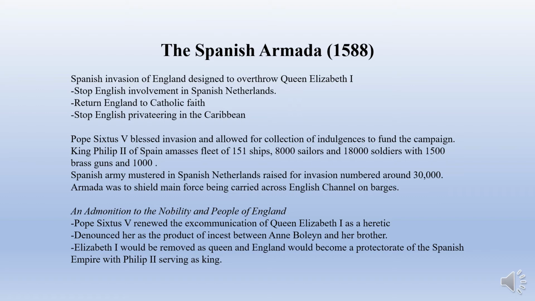He also will say that Elizabeth should be removed by the nobility as Queen of England, and that England would then become part of the Spanish Empire, that England would become a protectorate, and Philip II would become their king. Well, the English nobility obviously rally around Elizabeth I. So now we're going to have a war here between the Spanish and the English in 1588, and historically we refer to this as the Spanish invasion or the Spanish Armada.